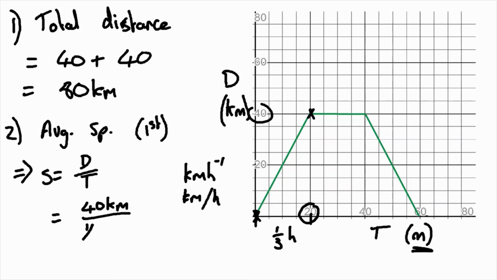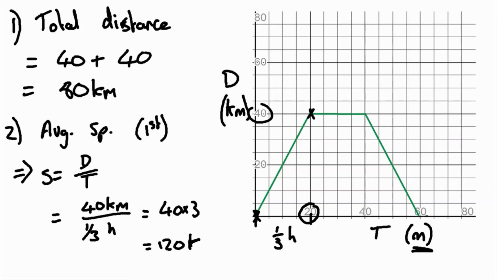We're dividing it by 1/3 hours. Well, if we're dividing by 1/3, it means we are multiplying it by 3. 40 times 3 equals 120 kilometres per hour.